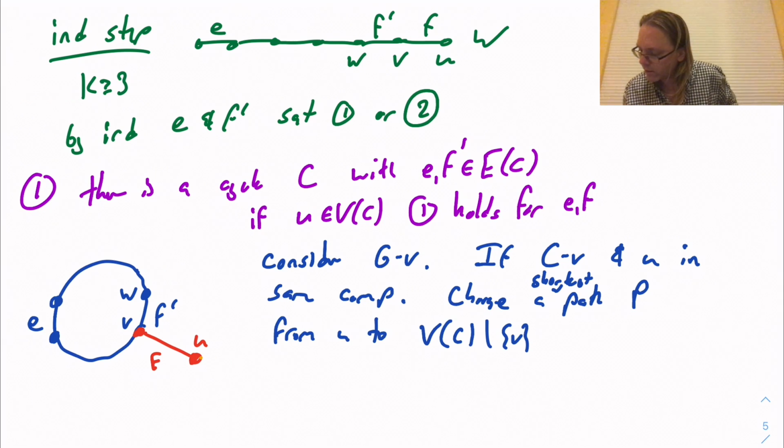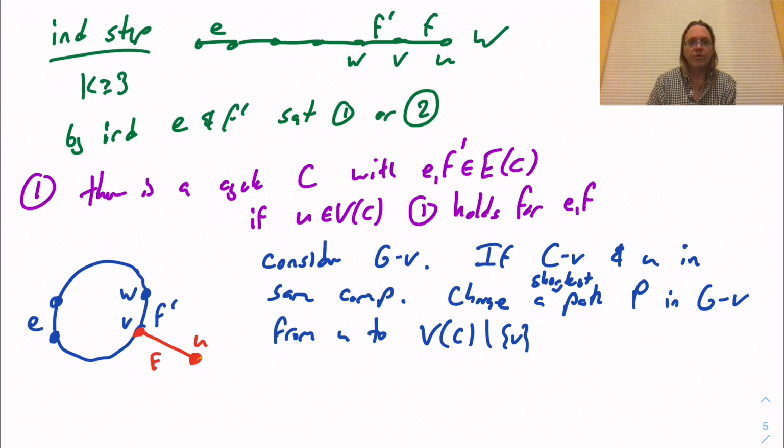Oh, I should have said, oh my gosh. I'm choosing a shortest path P in G delete V. So I'm choosing a shortest path in G delete V from the vertex U to the rest of the cycle. Again, I'm in the case where U and the rest of my cycle lie in the same component after deleting the vertex V. So that means there's a path that starts at U and ends at any vertex of C without V that I like.